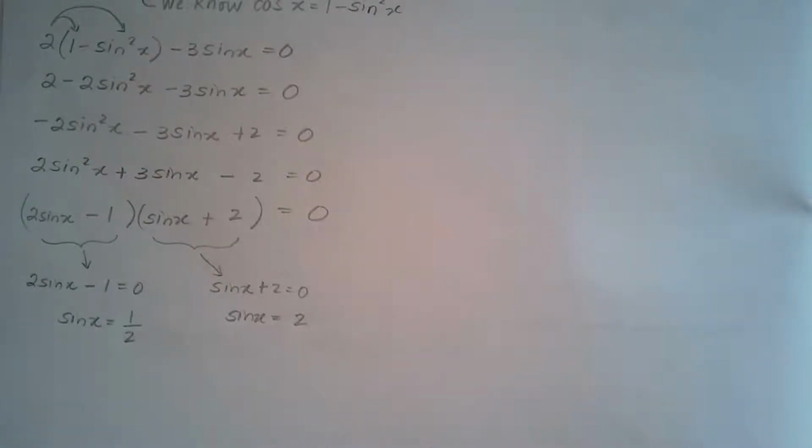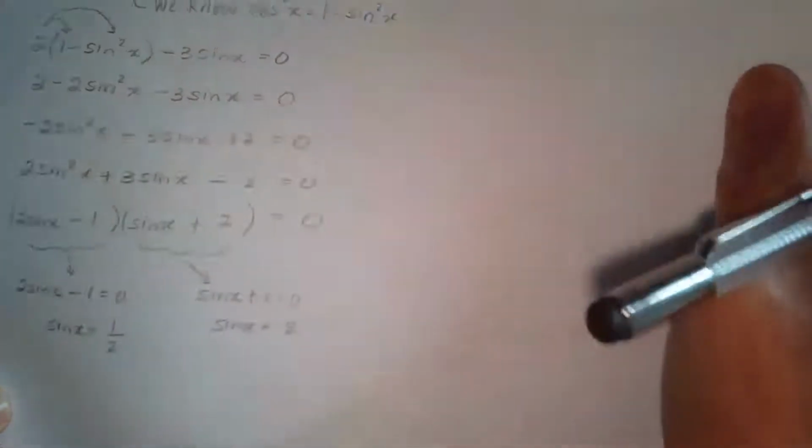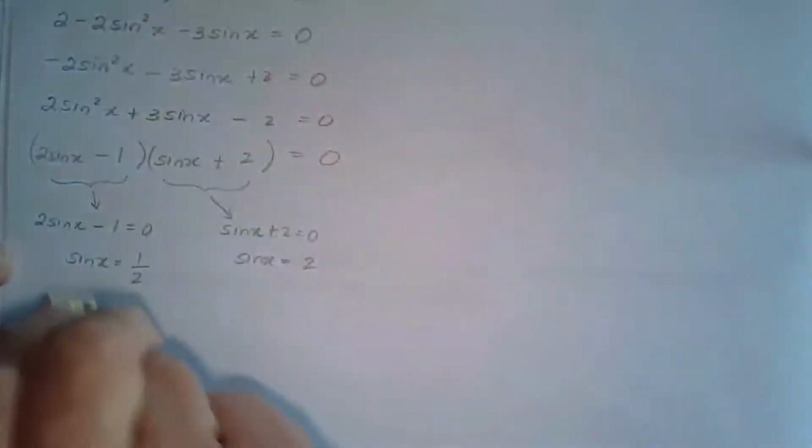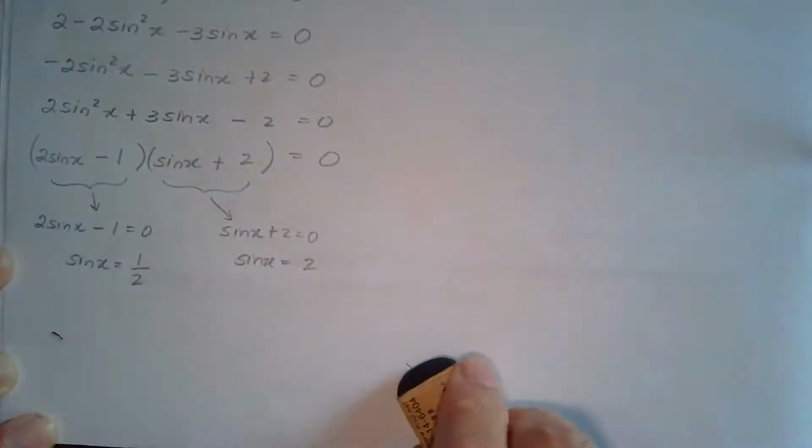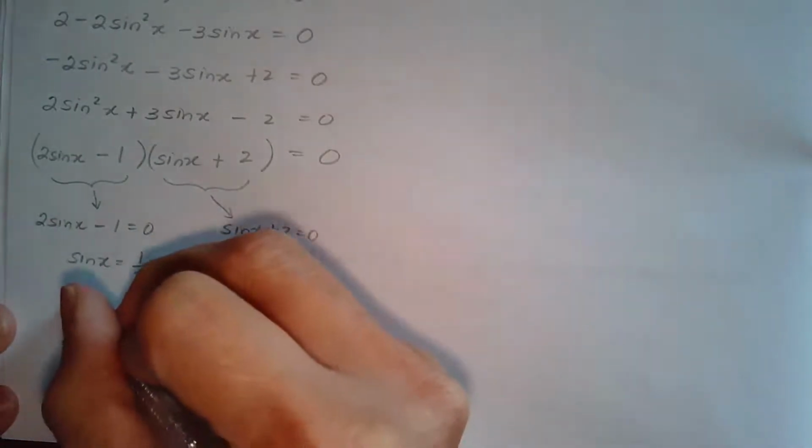Now, where is sine of x equal to 1/2? Let's see if we can visualize that. You're probably thinking that is going to be a special triangle because sine of x is 1/2. Where is that going to be?